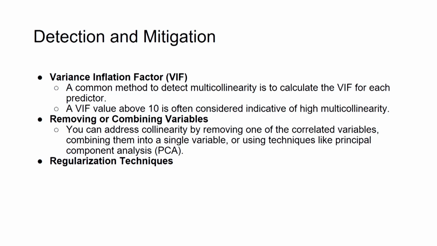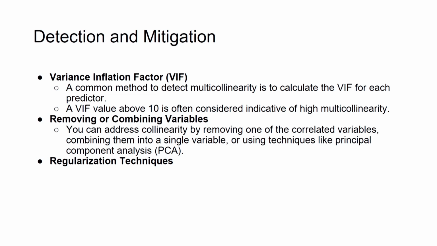If the VIF value is less than 10, we can assume there is low multicollinearity, and if the VIF value is very low, close to 1 or 2, you can assume there is no multicollinearity.